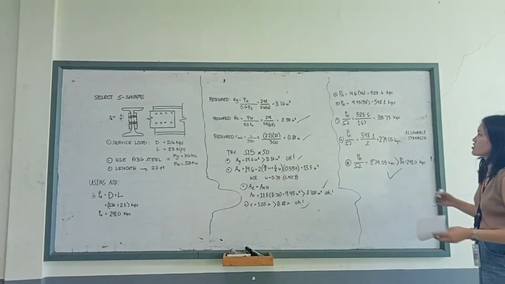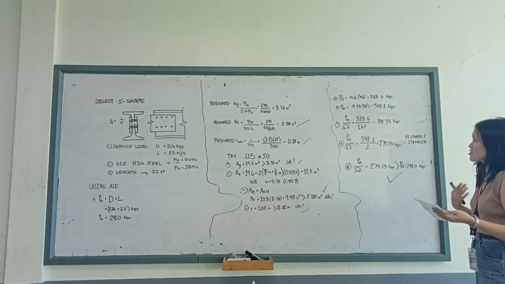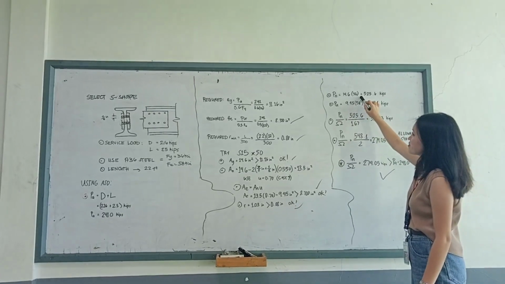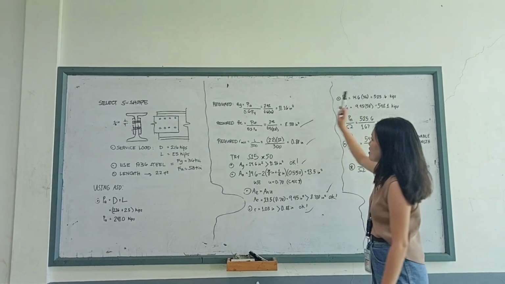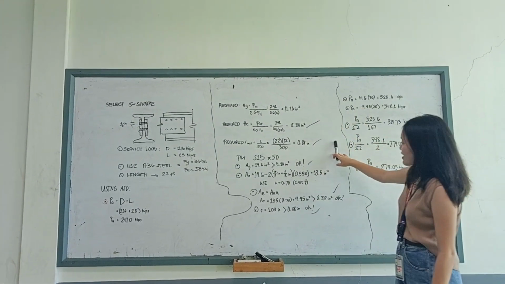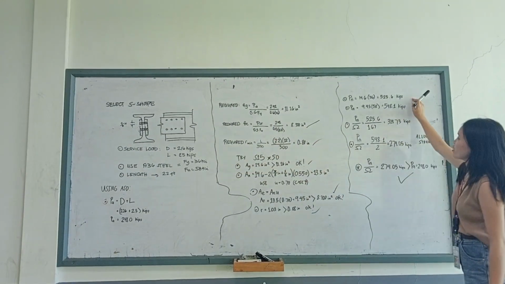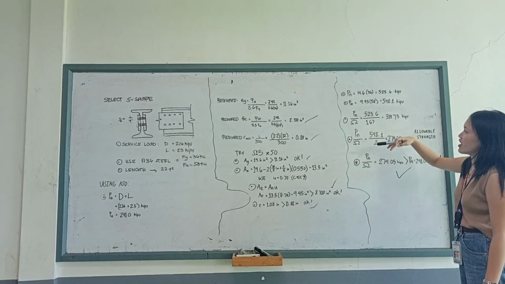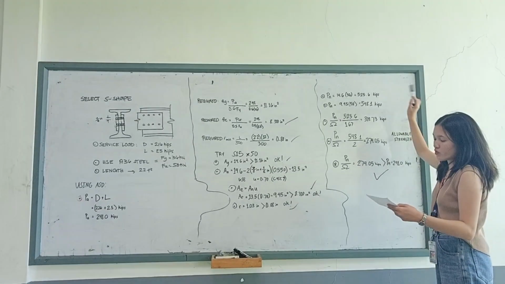Then, let's proceed to the allowable strength. Pn is equal to 14.6 times 36, or your Ag times your Fy, which is equal to 525.6 kips. That is your strength according to yielding.